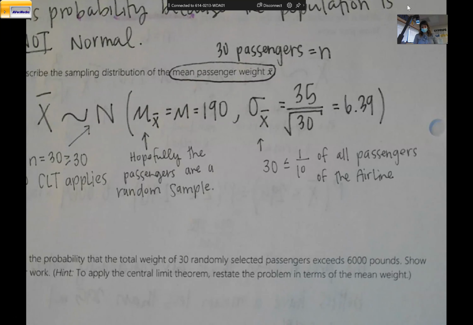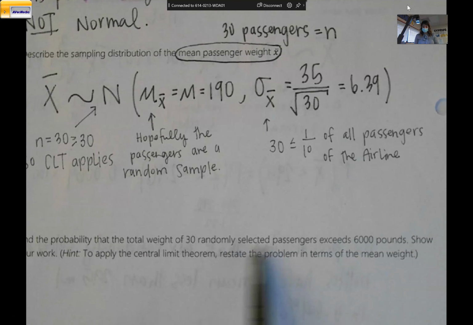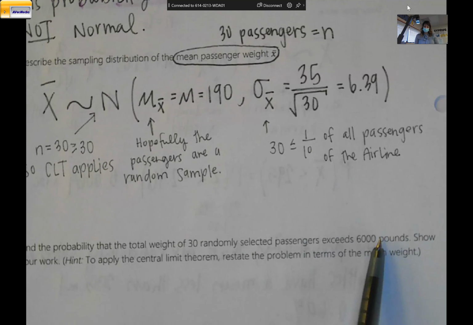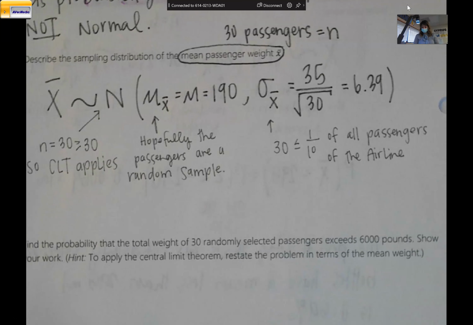Okay. Find the probability that the total weight of 30 randomly selected passengers exceeds 6,000 pounds. Hint: to apply the central limit theorem, restate the problem in terms of mean weight.